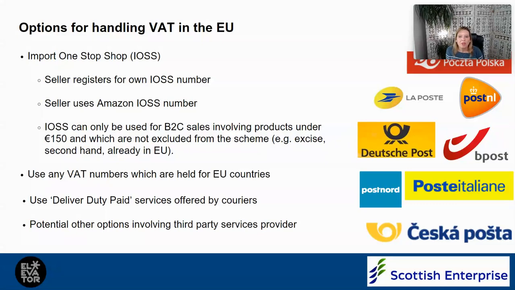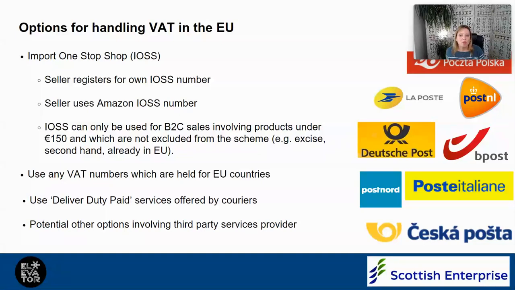Now, if you are using IOSS, all you need to do then, folks, is write the IOSS number on the parcel that you're sending to the EU, and this is normally sufficient for it to clear customs, at least from a VAT and duty perspective, okay? Now, a couple of exemptions to tell you about. IOSS does not apply to B2B sales.